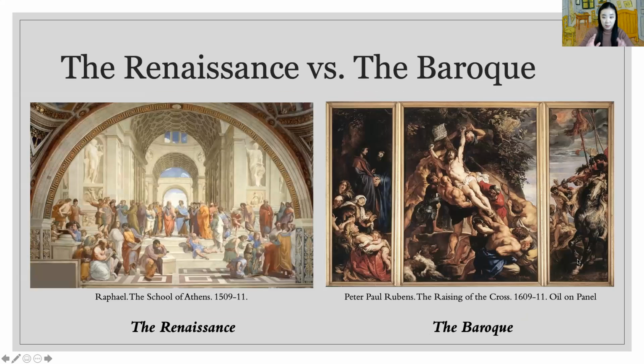And let's see the painting. The left one is Raphael's The School of Athens in the Renaissance era. And the right one is Peter Paul Rubens' The Raising of the Cross in the Baroque era. Can you see the differences? Yes.